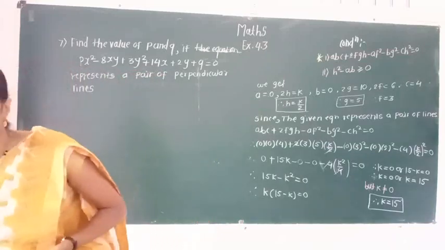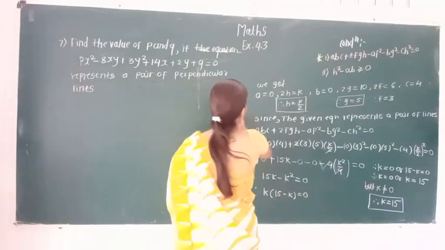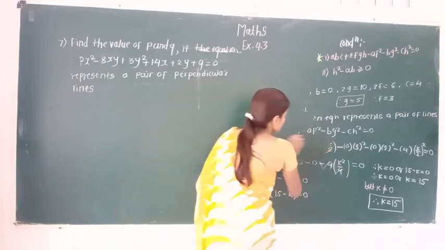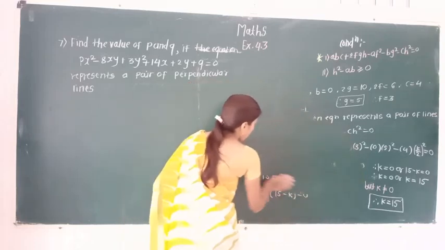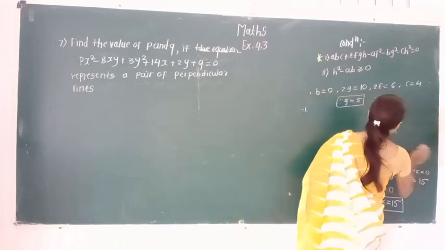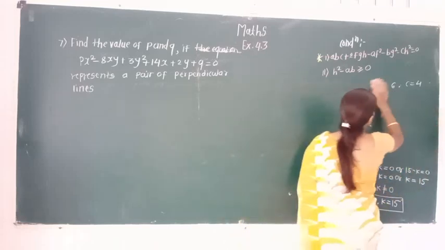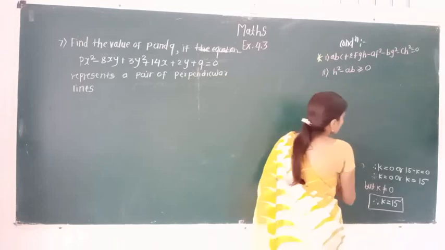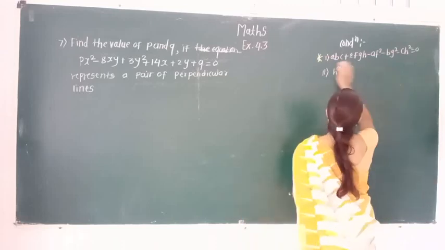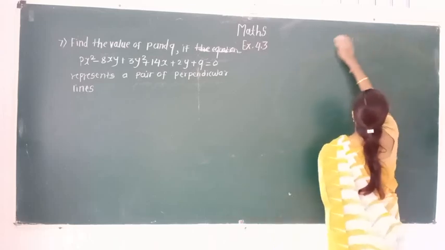This equation represents a pair of perpendicular lines, and we know the condition for the equation to represent perpendicular lines. First of all I write here the condition of perpendicular lines and parallel lines.